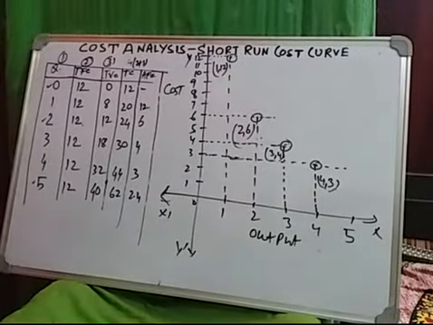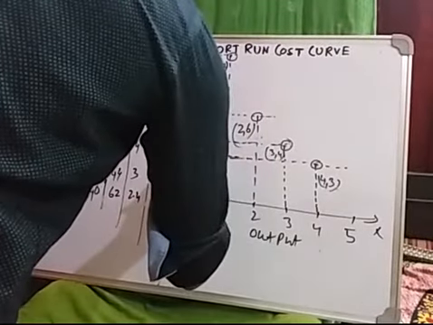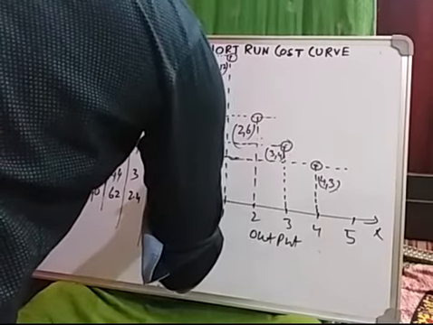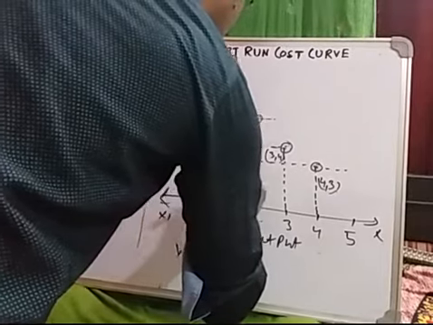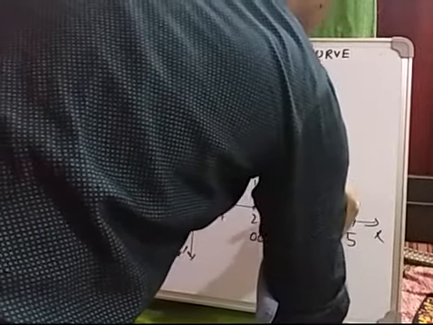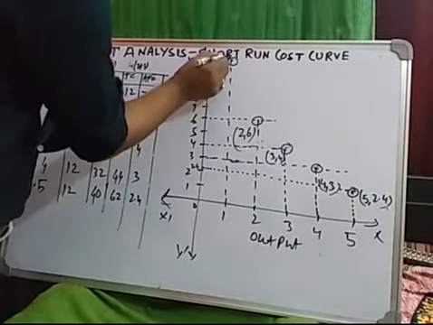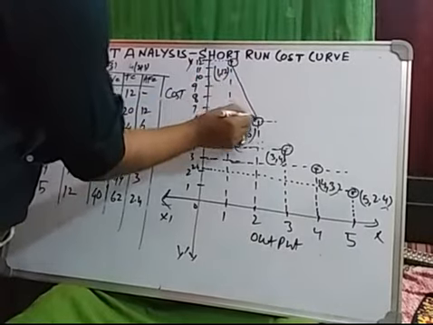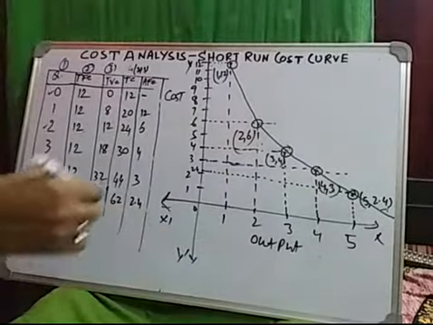And now is 5, 2.4. So 5 is this, and this is the 2.4. This is the 5, 2.4. Now if I join the points, then I can get the AFC curve.